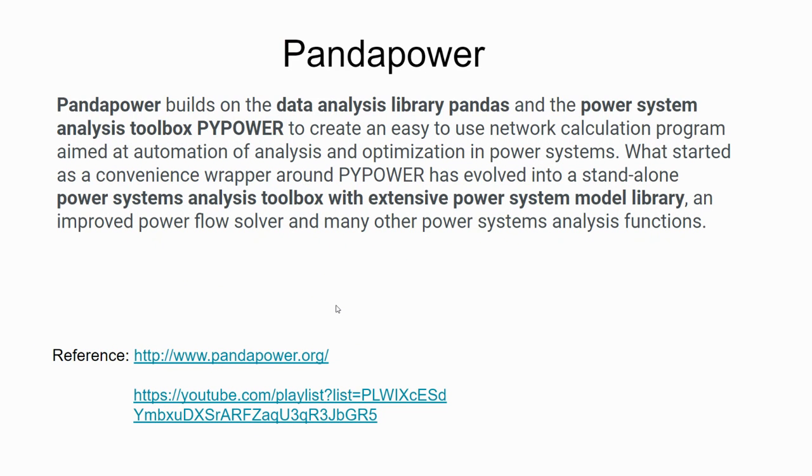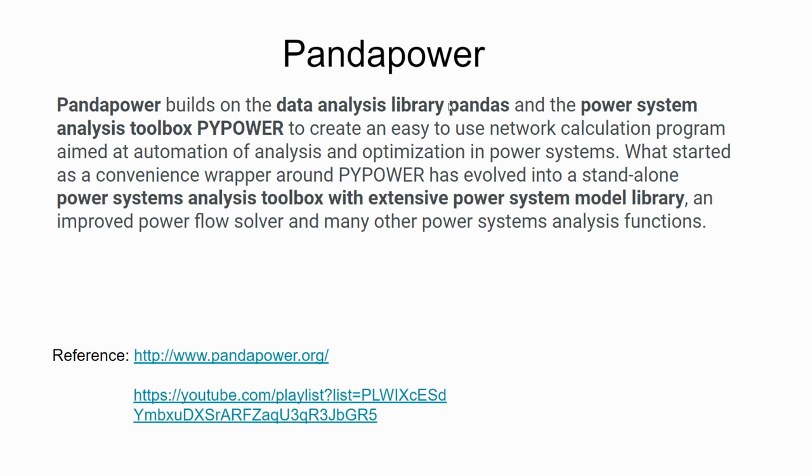So here I will introduce Pandapower. Pandapower is a library, or package, for Python. Pandapower builds on the data analysis library Pandas and the power system analysis toolbox PyPower. It is used for optimization in power systems, and also automation of power systems.